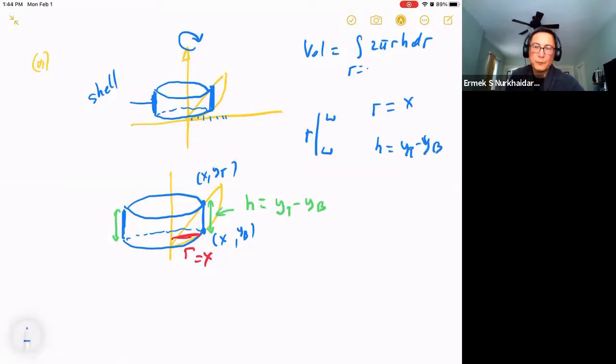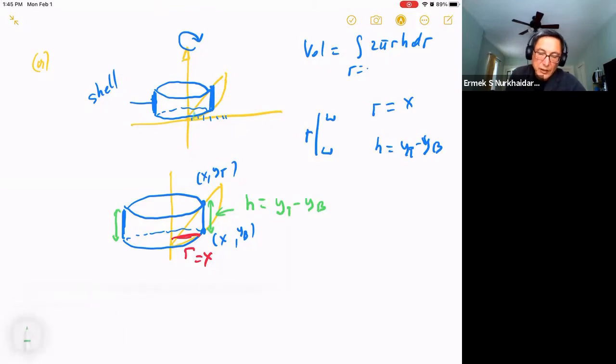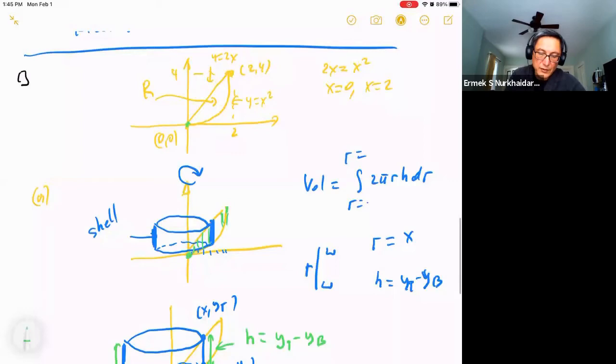Limit of integration: where we start making our stripes, we start here, and the last stripe is going to be somewhere here. So x is going to be changing from 0 to 2.